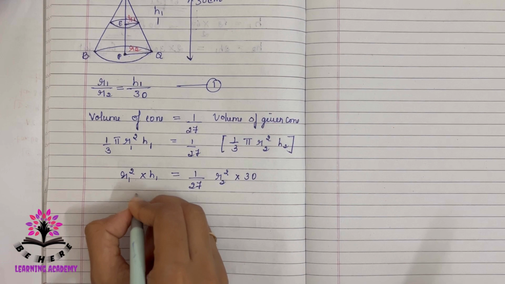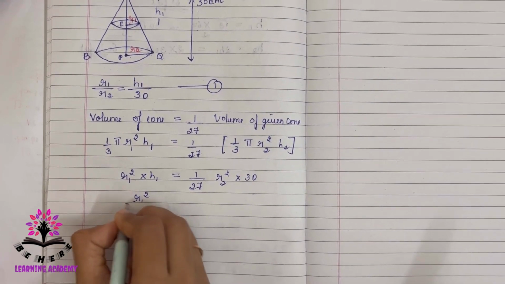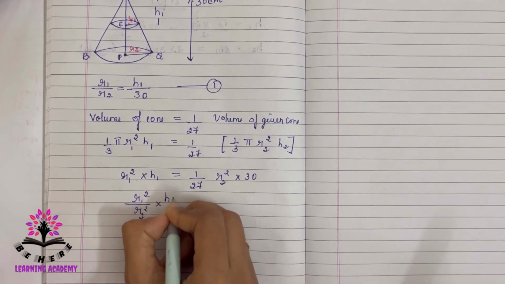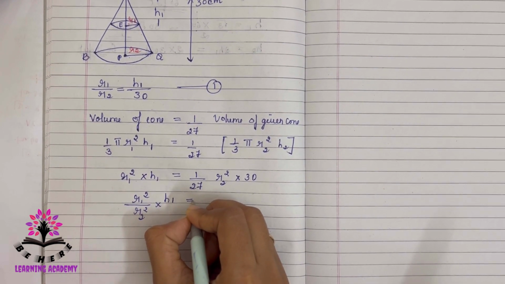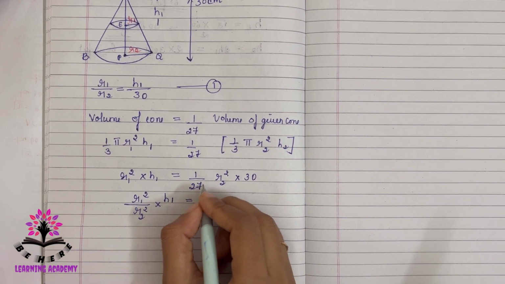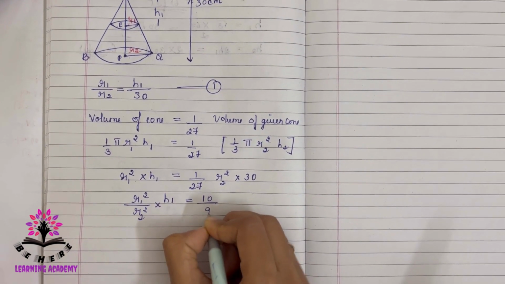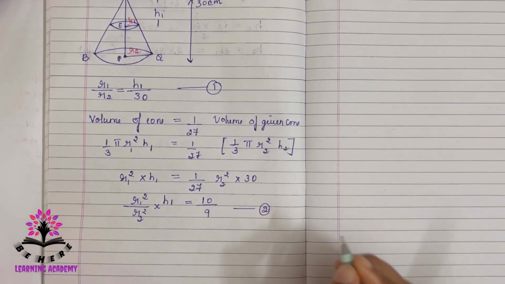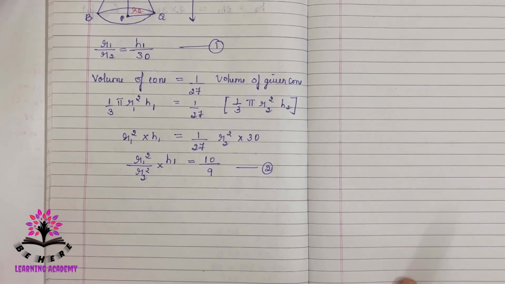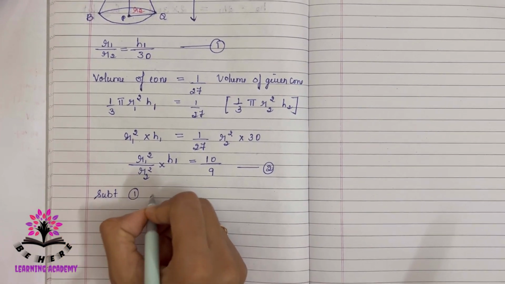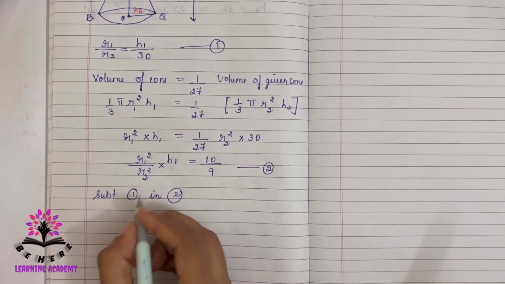So now let us find out the ratio. r1 square divided by r2 square multiplied by h1 will be equal to, so here it cancels, 3 9s are 27, 3 10s are 30, so it will be 10 by 9. This one I'll consider as equation number 2. Then I will substitute 1 in equation number 2.